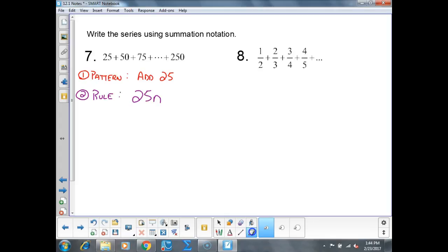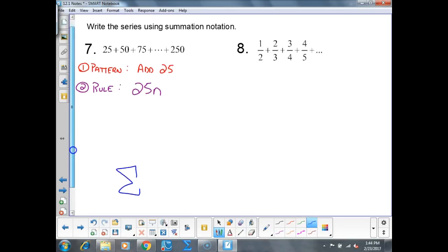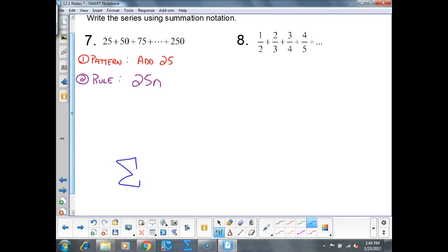All right. Now, if I'm looking at sigma here, what variable do you want to use? N? Okay, so if I start n at 1, and my rule is 25n, where do I end?